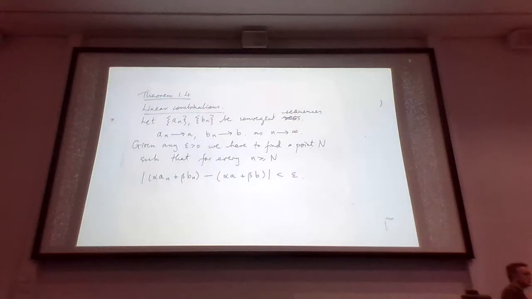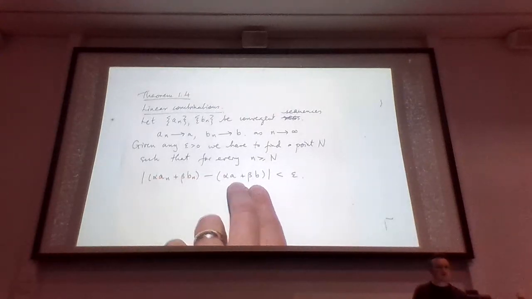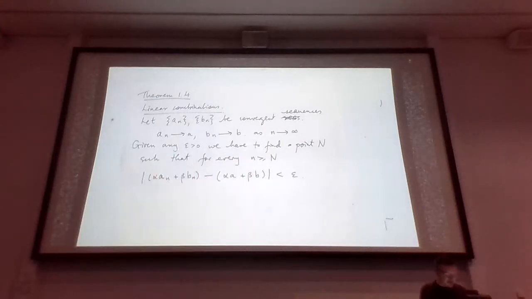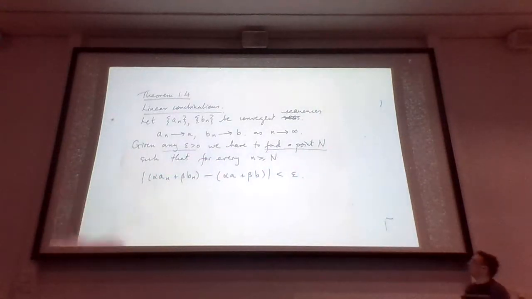That's what the formal definition of convergence requires for us to be able to say that this sequence, alpha a_n plus beta b_n, is convergent to this limit. Given any epsilon bigger than 0, we have to find this point capital N. Magic it up into existence somehow.